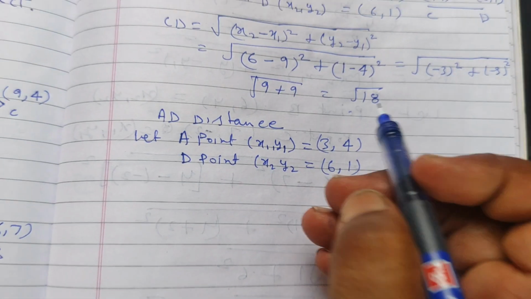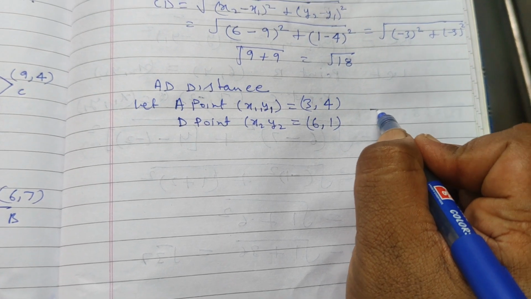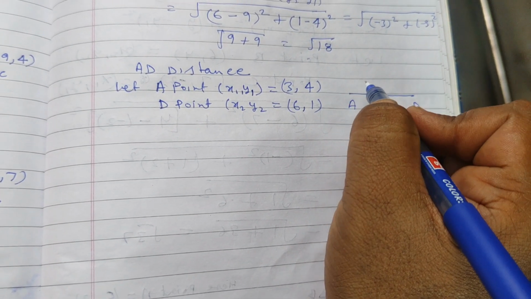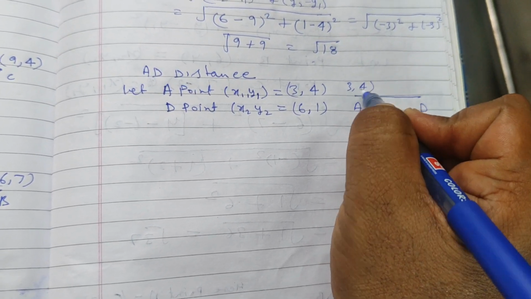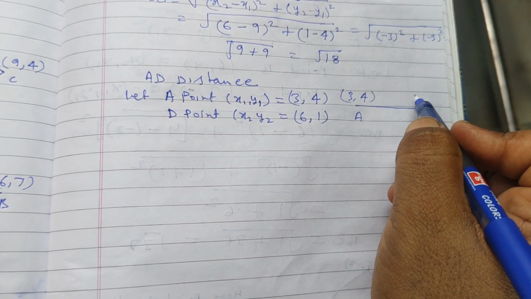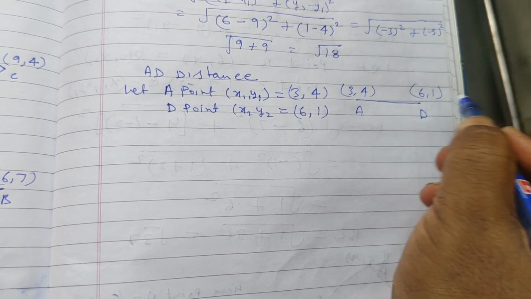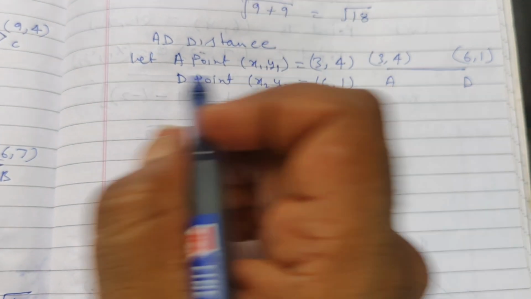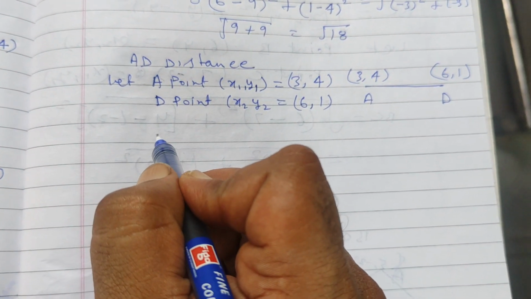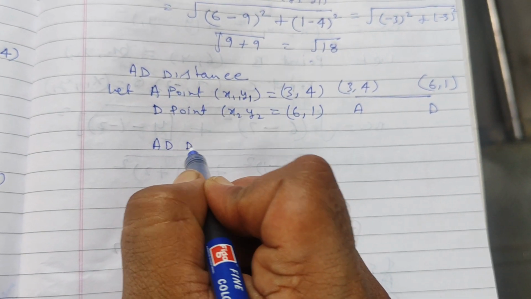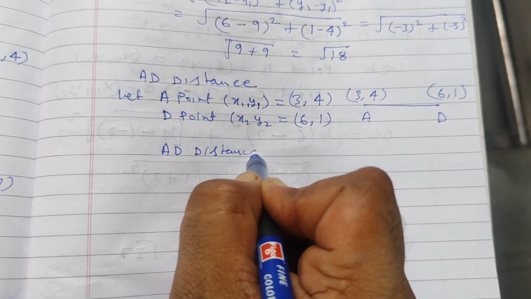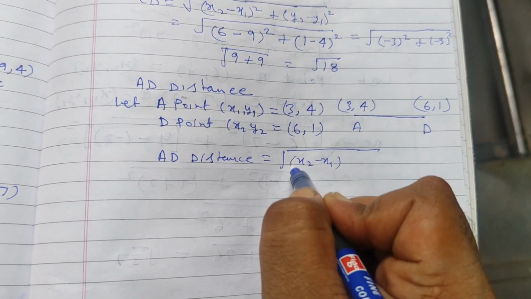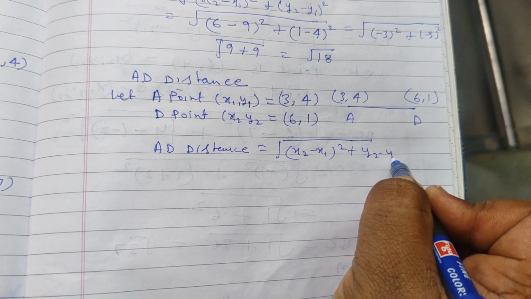Here find distance AD. So AD distance is (x2 minus x1), (y2 minus y1).